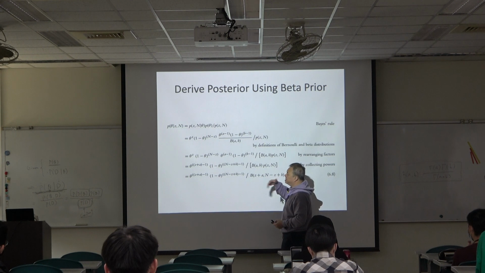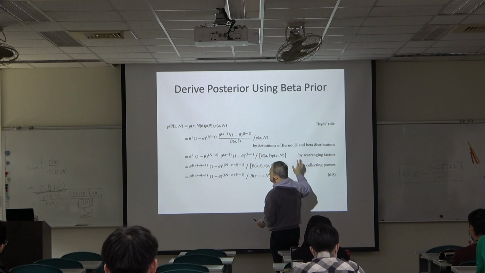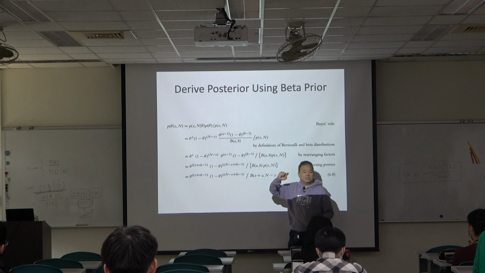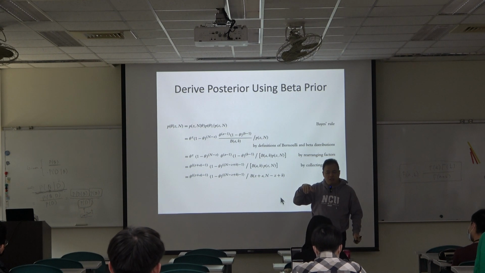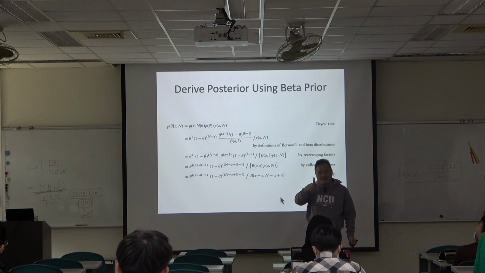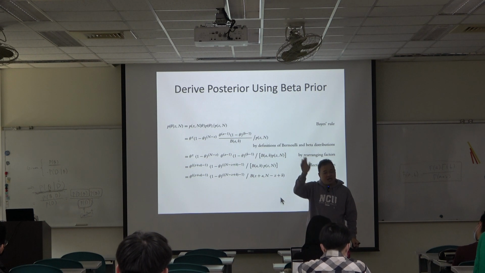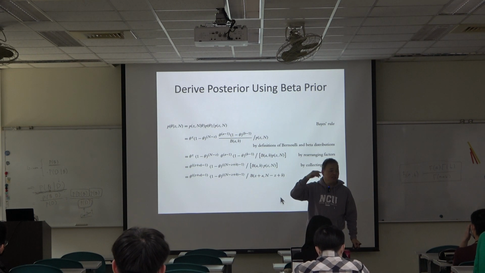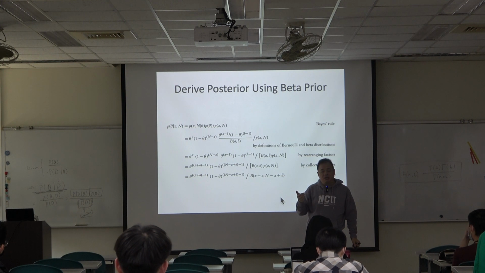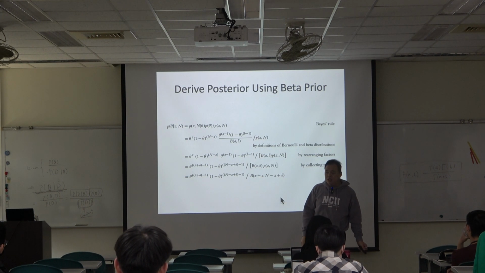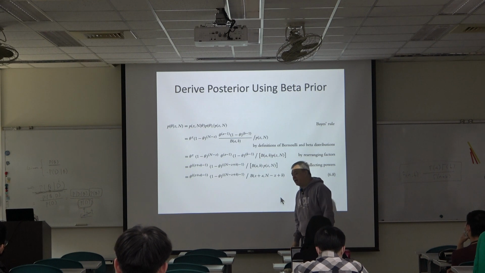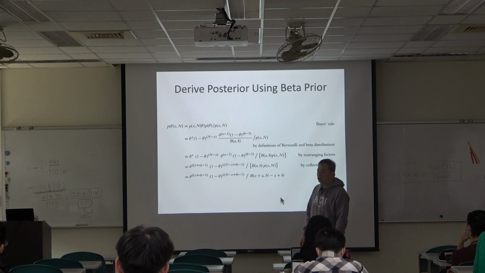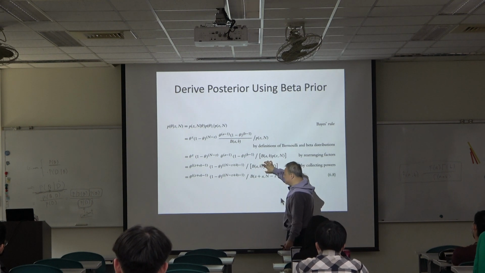Remember what I said about this slide: except for the last step, all the other parts are very easy and straightforward. In the beginning, you just use Bayes' theorem, then you plug in your beta distribution and your binomial likelihood, and you massage your formula to become like this.